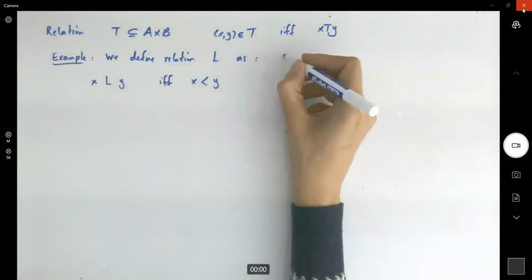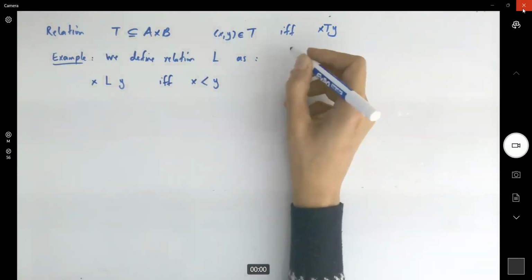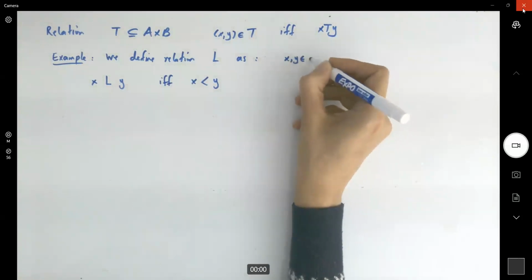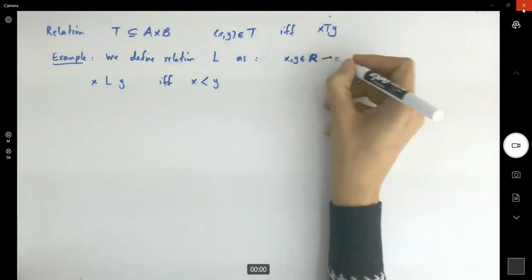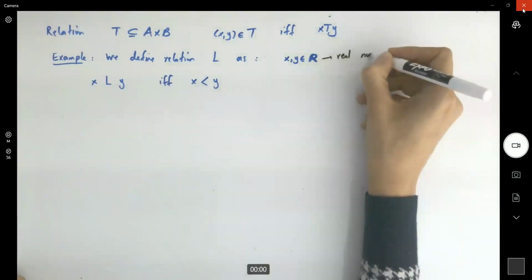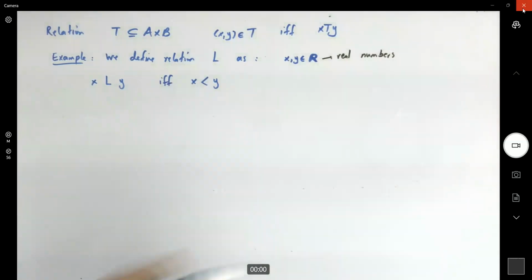Remember that the domain that you're going to work with is going to be real numbers. This bolded R represents real numbers, as you learned in algebra.